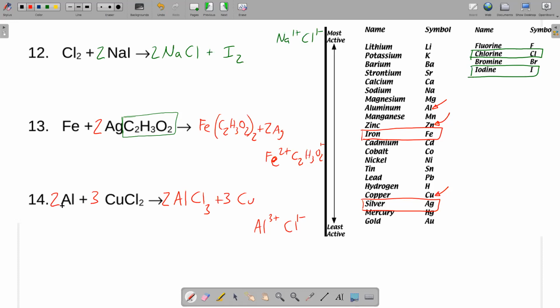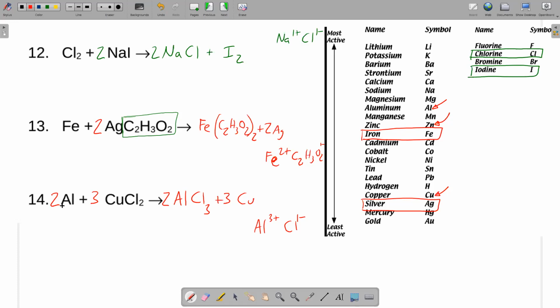Those are going to be the ratios of the elements in the compounds when the reaction takes place. If you were to react 1 atom of aluminum with 3 copper chlorides, nothing happens. You have to have the ratio of 2 aluminums to 3 copper chlorides in order to consume everything.